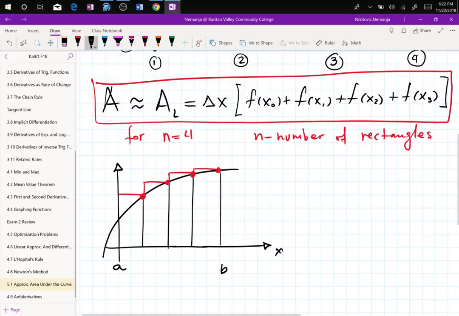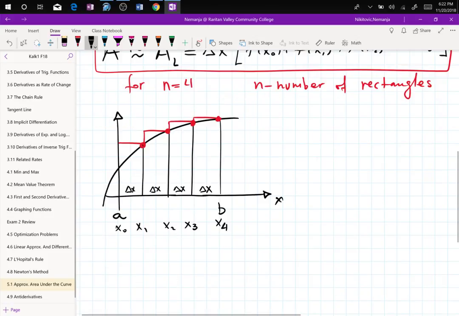I still have the same x0, x1, x2, x3, x4 divisions, and that helps me keep track of which value I'm supposed to pick up. Delta x is still the same everywhere.